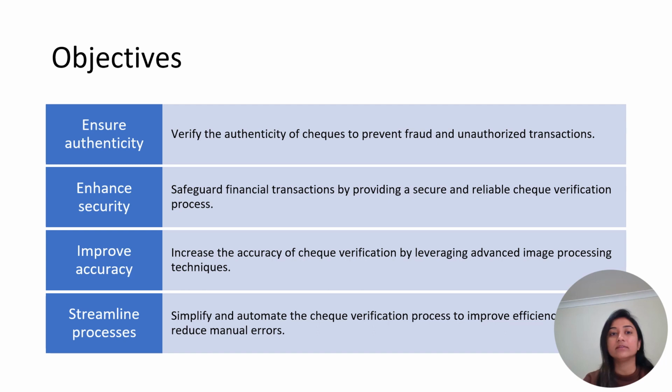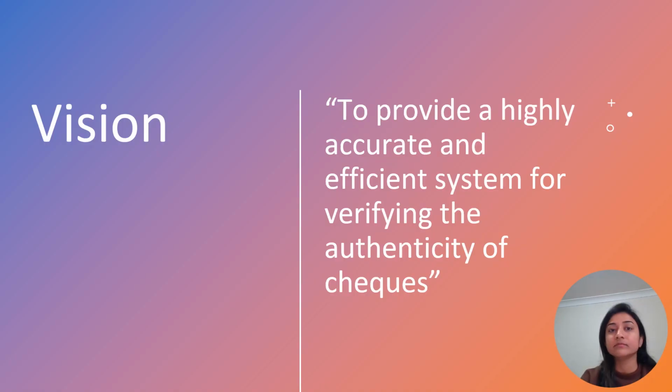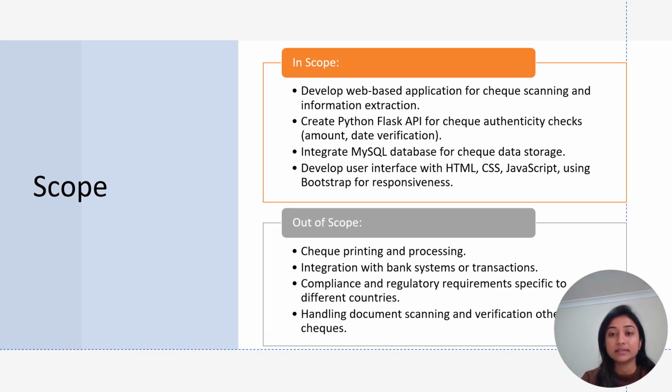It will increase the accuracy of check verification with advanced image processing techniques, and it will simplify and automate the check verification process to improve efficiency. The main vision of this project is to provide a highly accurate and efficient system to verify the authenticity of the check. That is the project.